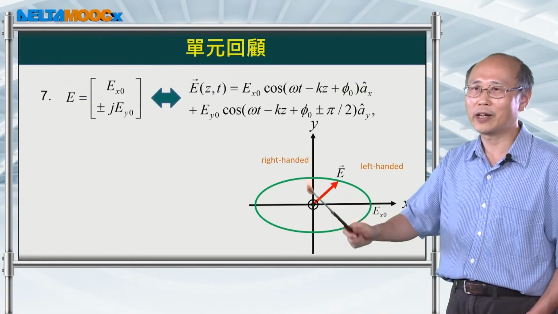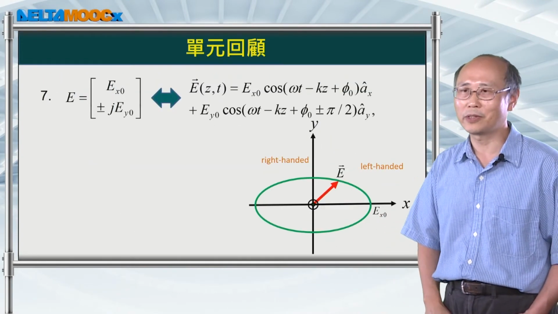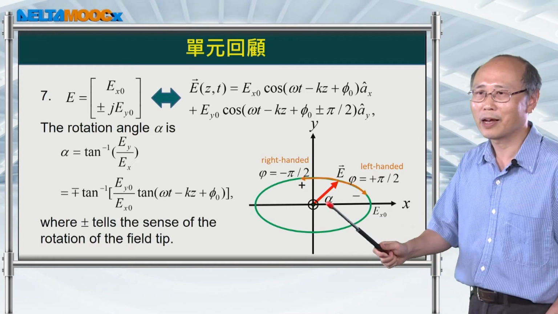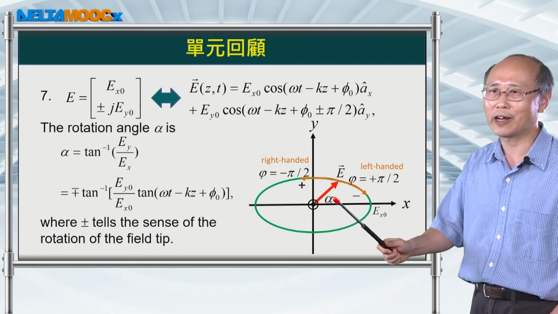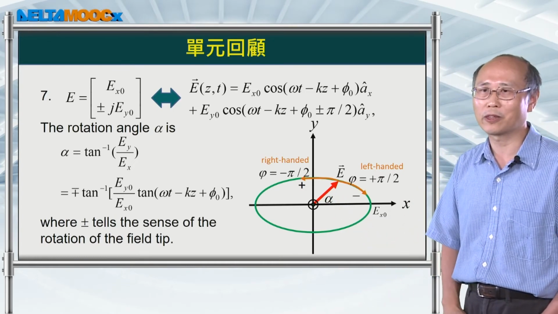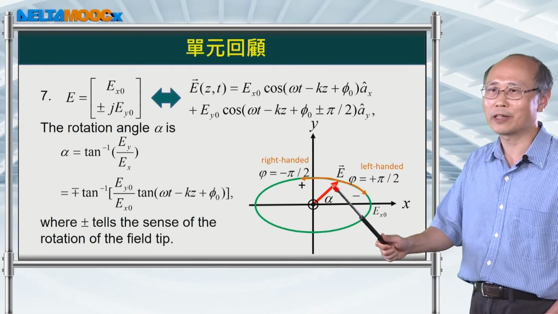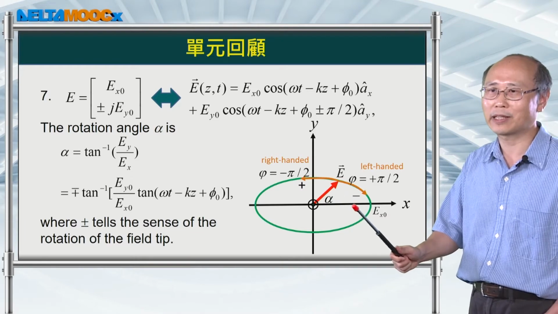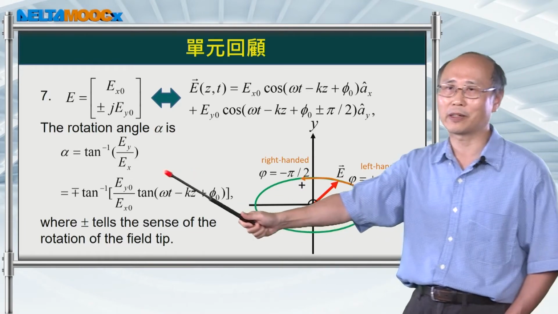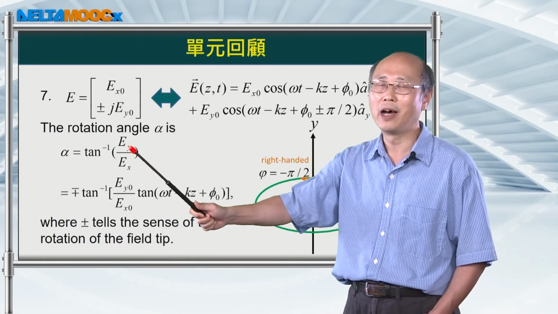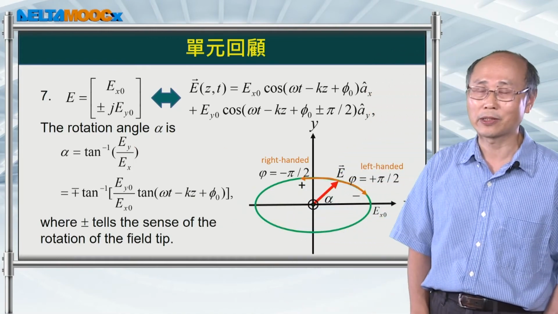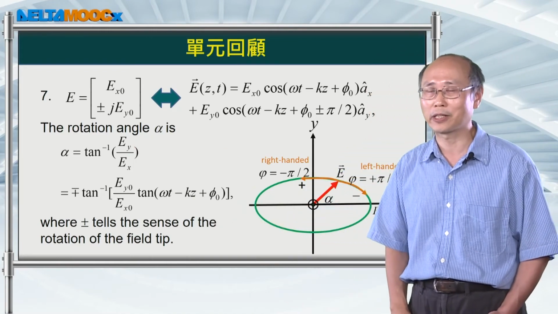And if you allow the time to tick, the electric field vector on this xy plane will start to rotate, and the angle of this electric field with respect to the x-axis can be calculated by taking the ratio of the electric field along y direction to the electric field along x direction.